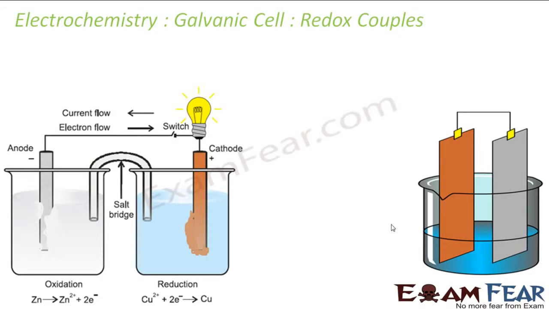So if you observe, the reaction is happening in two different parts, right? This is my oxidation half and this is my reduction half. The reaction occurs in two different portions. This reduction half is happening at the copper electrode, and this oxidation half is happening, in this case, at the zinc electrode, right?